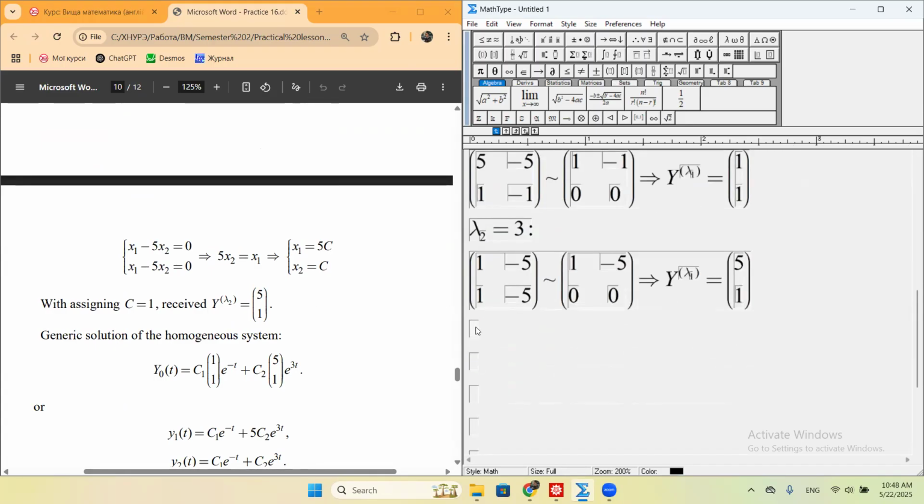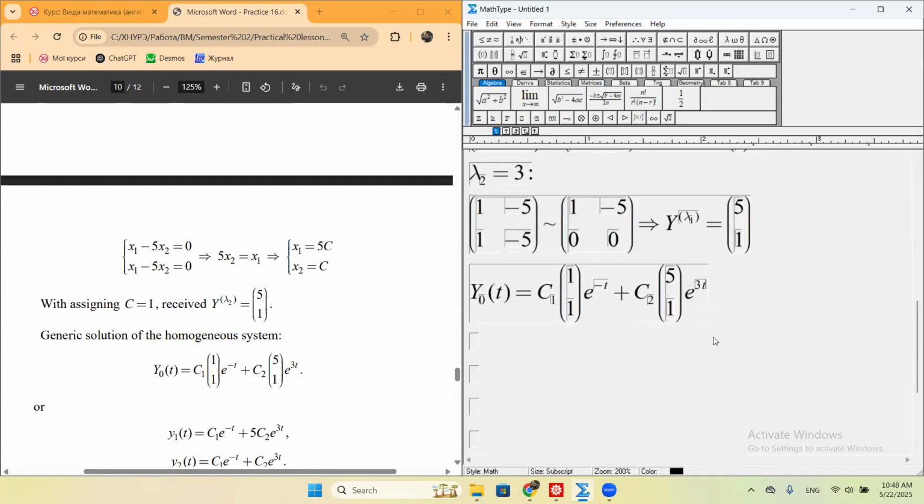So the solution of the homogeneous system is the following: C1 multiplied by 1, 1 e in power of minus t plus C2 multiplied by 5, 1 e in power of 3t.